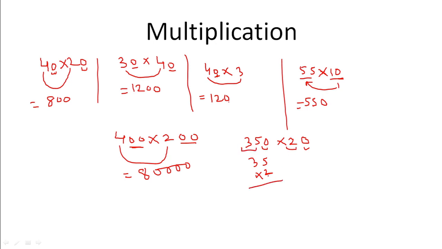So we will multiply 35 by 2 only. 2 fives are 10, 0, 1; 2 threes are 6 and 1, 7. And how many zeros did we forget? 1 and 2. So we will take these two zeros here only. So 7,000. Okay.